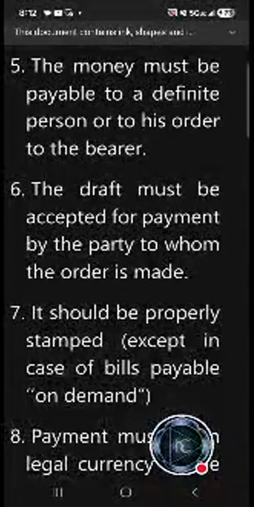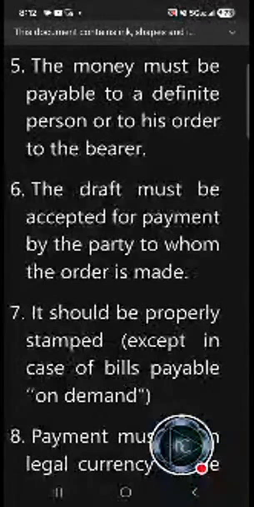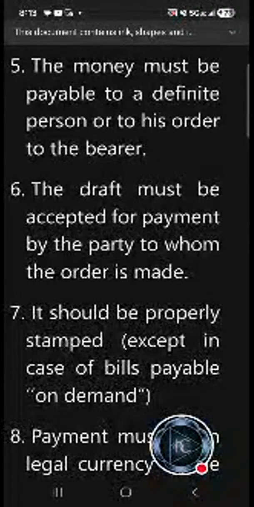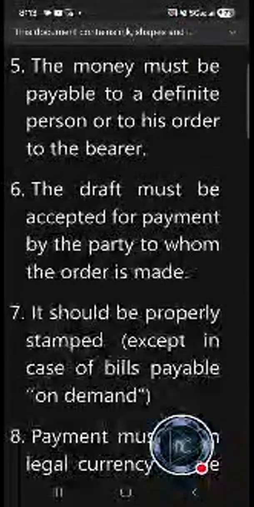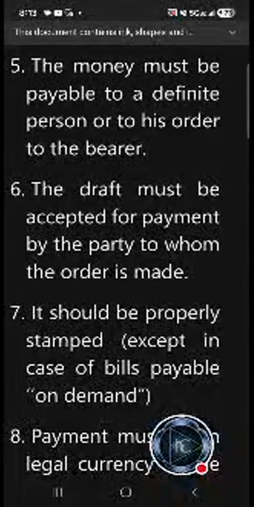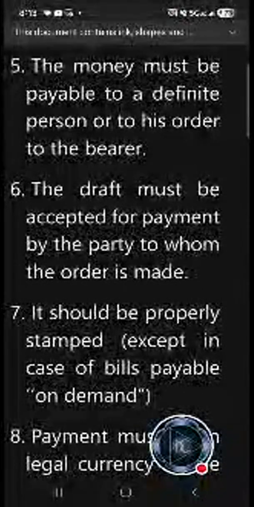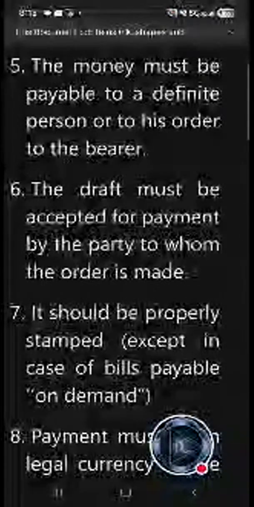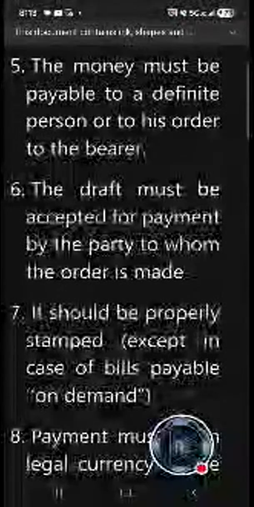The money must be payable to a definite person or to his order or to the bearer. Now, do we understand what that means? The money must be payable to a definite person. Well, in general we might be able to understand that. But when it goes on and says "or," that means we need to reset.